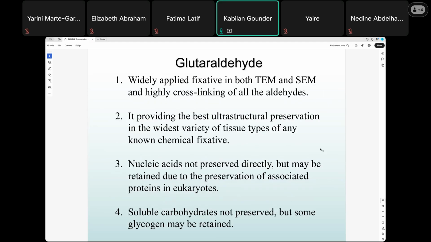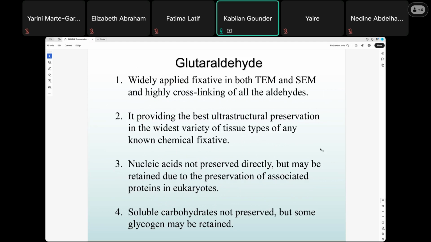There is another fixative called glutaraldehyde. Glutaraldehyde is commonly used for electron microscopy, but occasionally investigators also use it along with paraformaldehyde. It is a widely applied fixative in both TEM and SEM and is the most highly cross-linking of all the aldehydes.